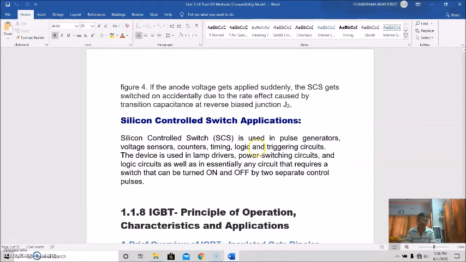So these are some commonly used applications of the silicon control switch.